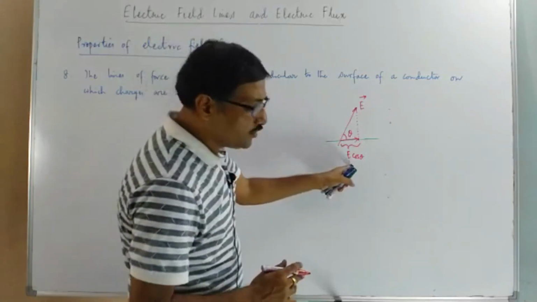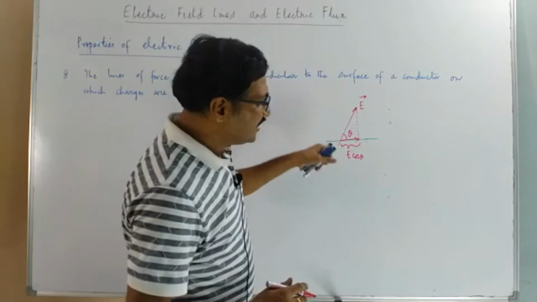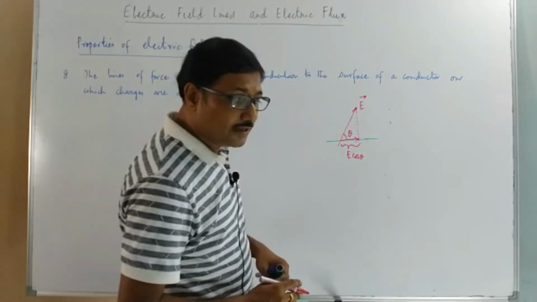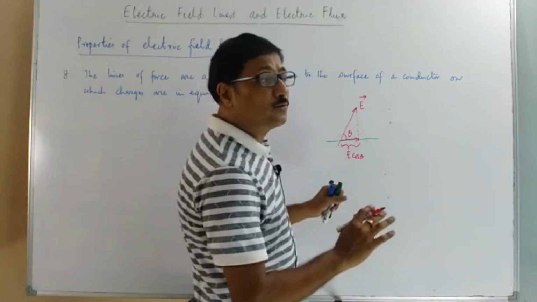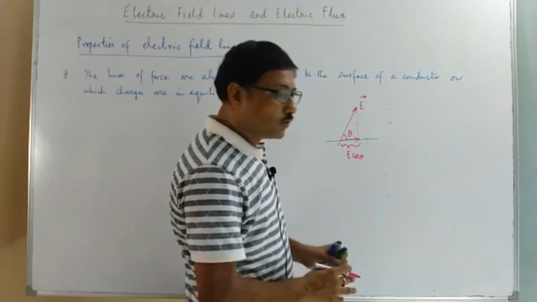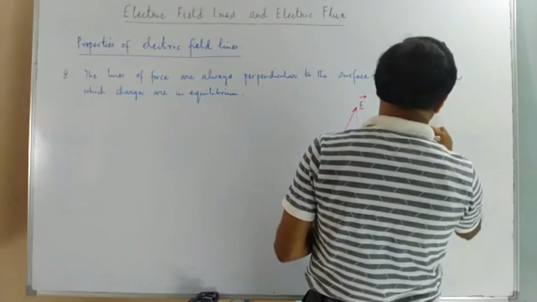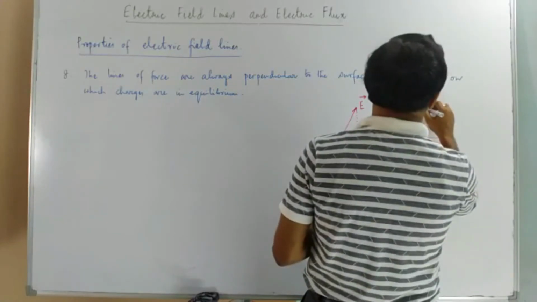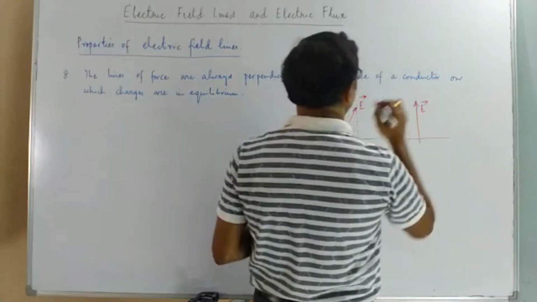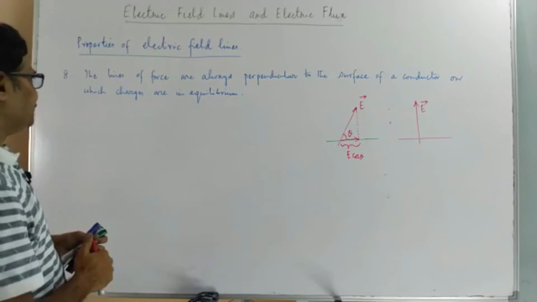So this component of electric field would set up a current on the surface of the conductor, but no current flows in equilibrium condition. So we can conclude that the electric field is always perpendicular to the surface of a conductor.